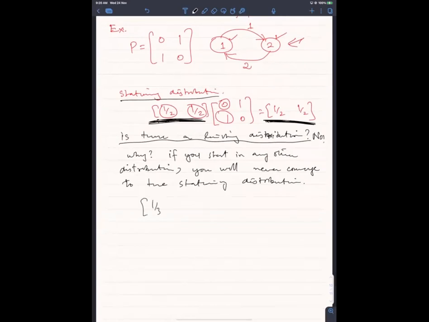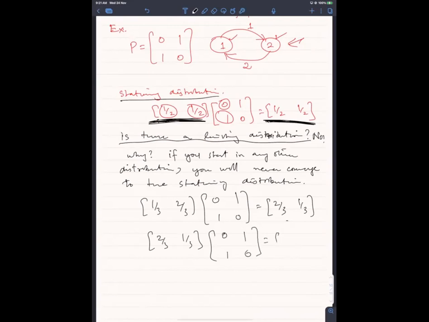करके देख लें. 1/3, 2/3 से start किया, and then 0, 1, 1, 0. ठीक है. So this will give you 2/3 and then 1/3. फिर इससे multiply करके देखें. So 2/3, 1/3 से multiply करके देखें. 0, 1, 1, 0, and what you will get is 1/3, 2/3. ये देखें ये वही आ गया.